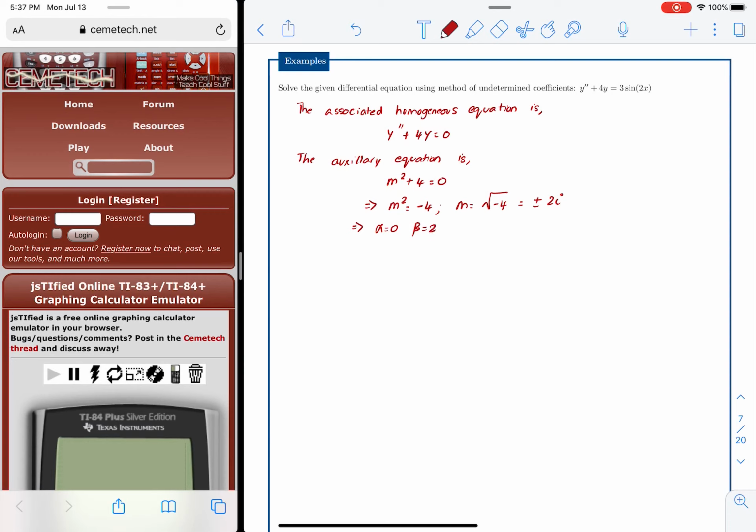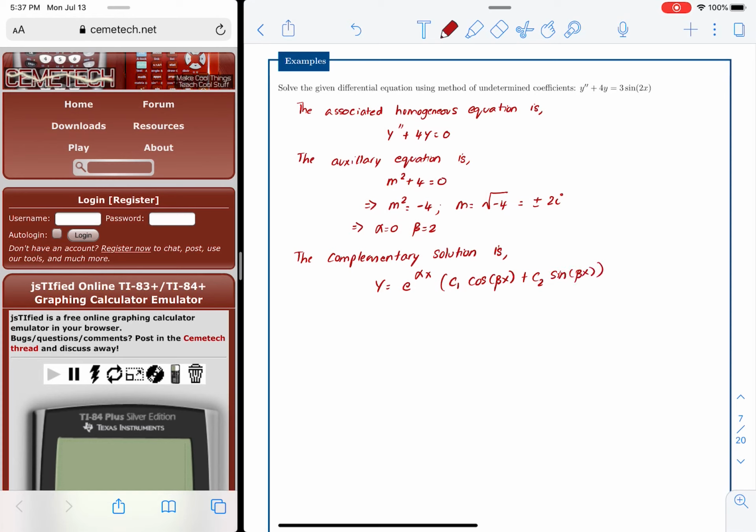And we know that the solution, in this case, the complementary solution, is y equals e raised alpha x, c1 cosine beta x plus c2 sine beta x.